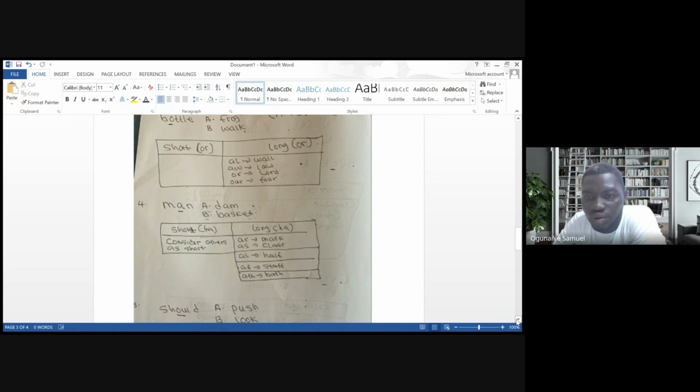They're going to give it a long one. If you look at that, man doesn't have the properties of the long one. No AR, no AS, no AL, no AF, no ATH. It doesn't have the long property, and that means that man must be short. But if you look at the options, AS basket has a long, and you cannot have long and short. So the answer must be dam.